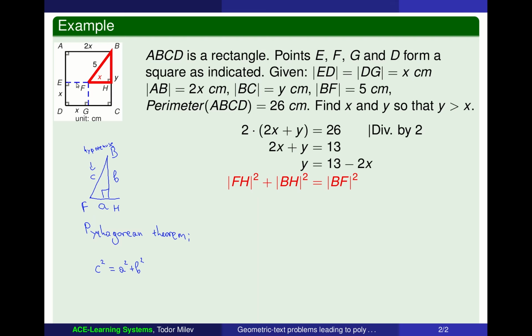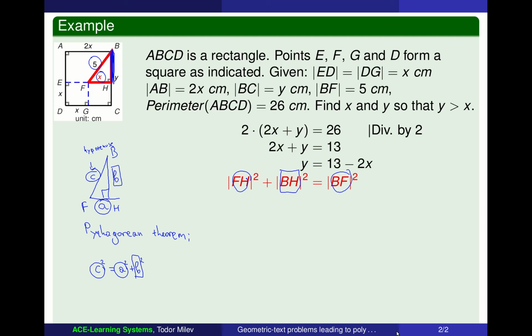So let's see what that tells me about this particular right angle triangle. It tells me that BF, the hypotenuse, squared is equal to this leg squared, the leg A squared, so that's this leg, FH, plus that leg here, which is not labeled at the moment, that leg squared.